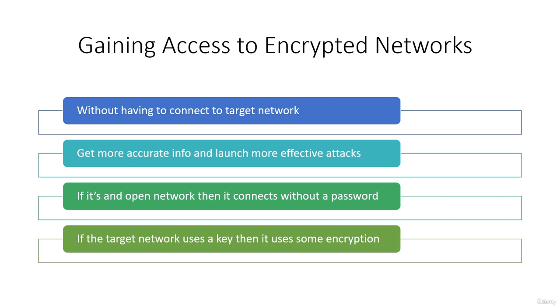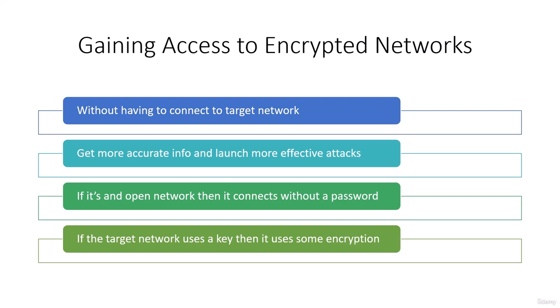But the main problem is that if the network uses encryption such as WEP, WPA or WPA2, we have seen that if we try to sniff the data, the data will be encrypted, and if we want to decrypt it, we need to know the key.